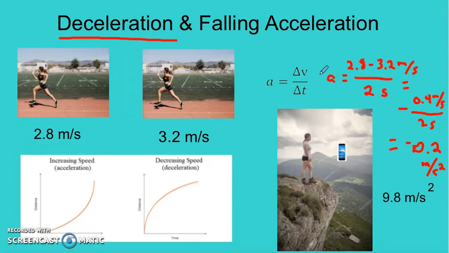Did you know that when things are falling, they accelerate, that they gather speed as they fall? For example, here at the bottom we have a lady on top of the cliff, and she has her cell phone, or at least my picture of a cell phone here. If she were to drop that cell phone, it would speed up as it goes down.